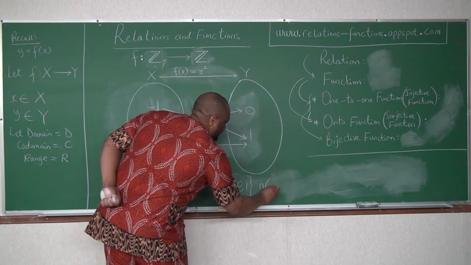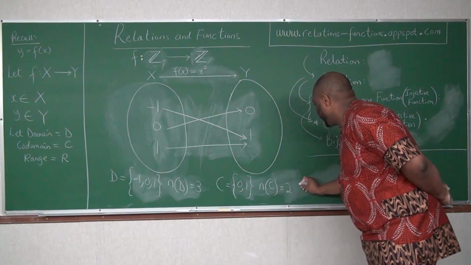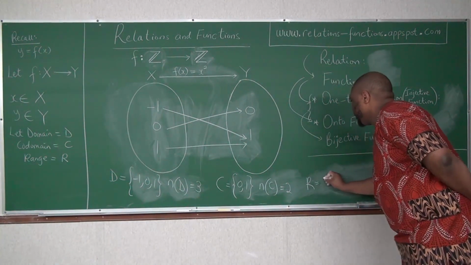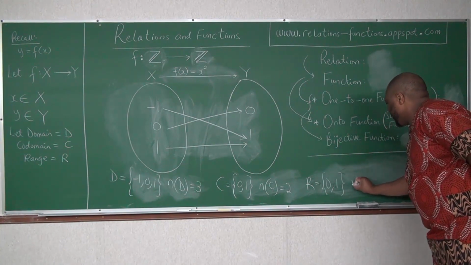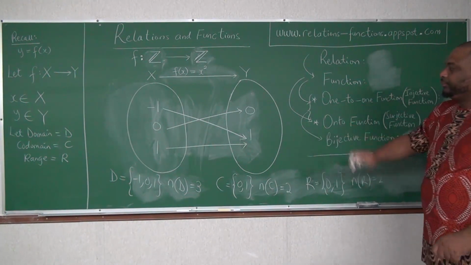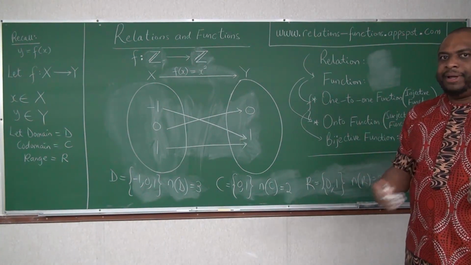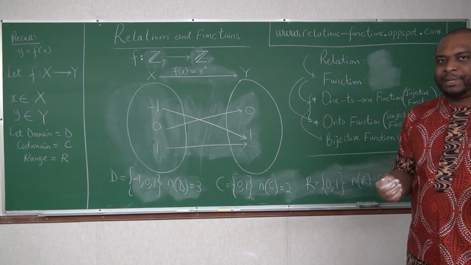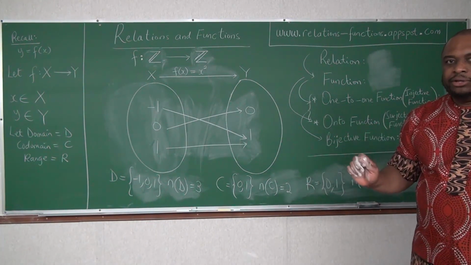The cardinality of the codomain is 2. The range is 0, 1. The cardinality of the range is 2. Every element of the codomain is part of the range, an image of an element of the domain.